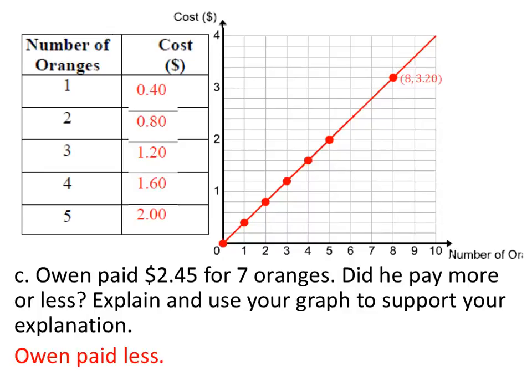And we can see from this problem that Owen, if we plot the point on the graph, 7 and 2.45, it looks like that would be somewhere in this area, which is below that line, and therefore we know that Owen paid less.